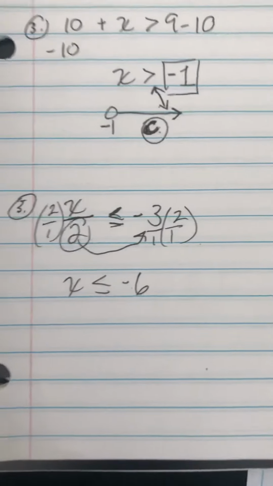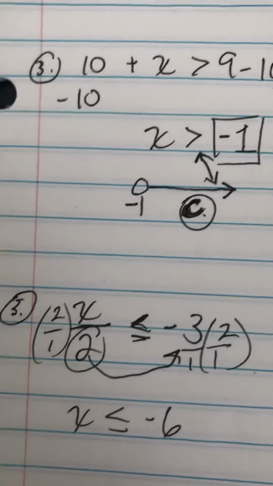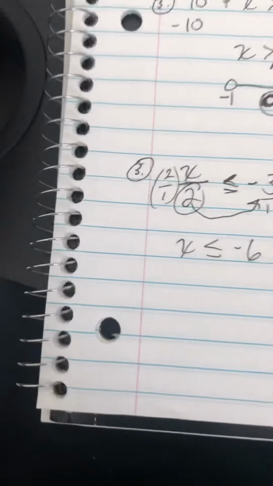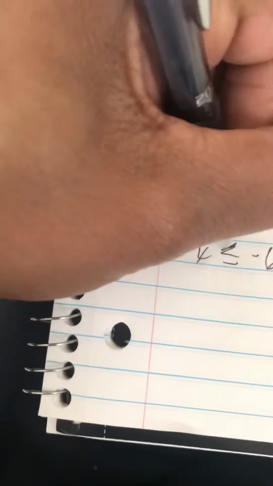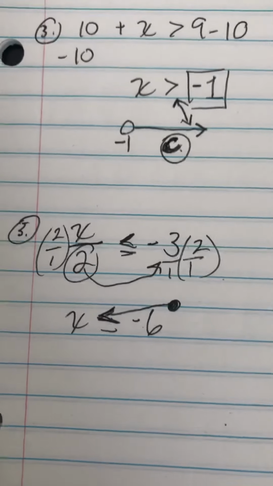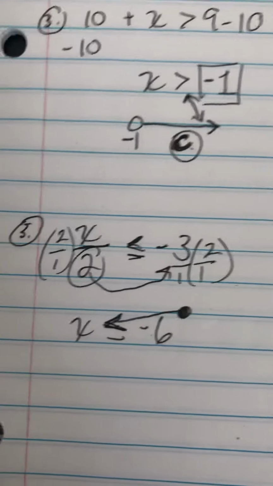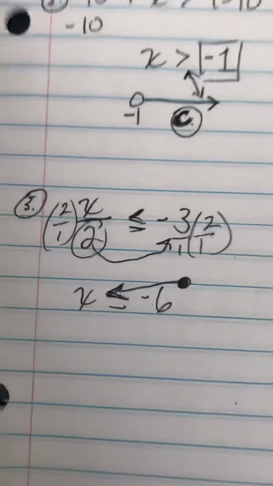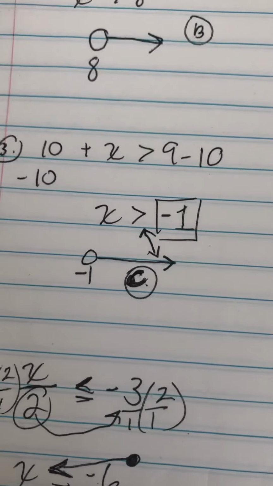So x is less than or equal to -6. Remember, we're going in the direction of the arrow, and it's going to be darkened in because it includes it. X is less than or equal to -6, and that should be C. So that's C there.